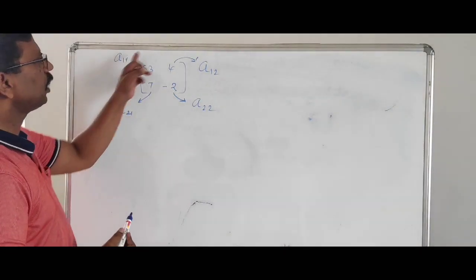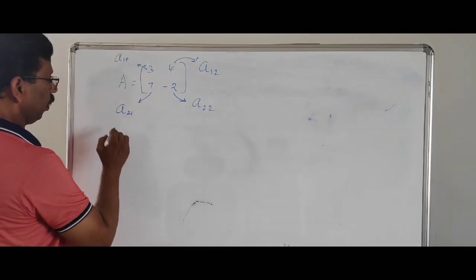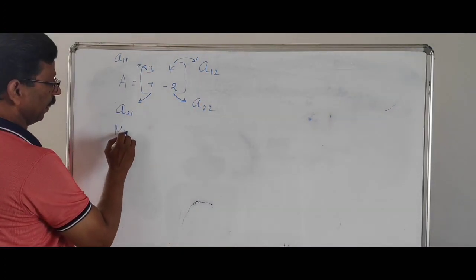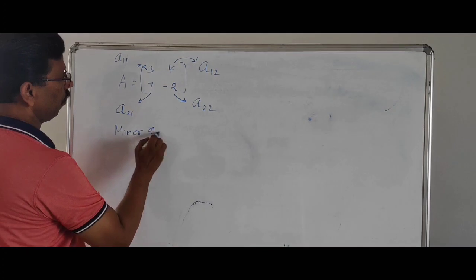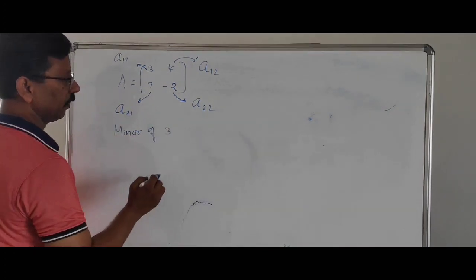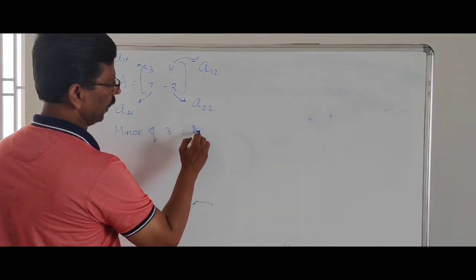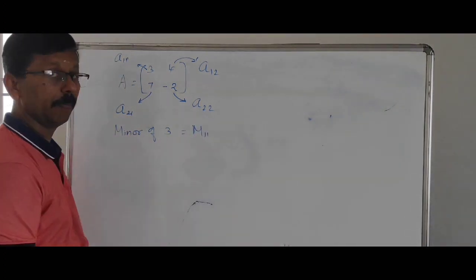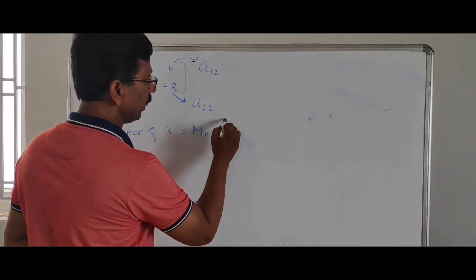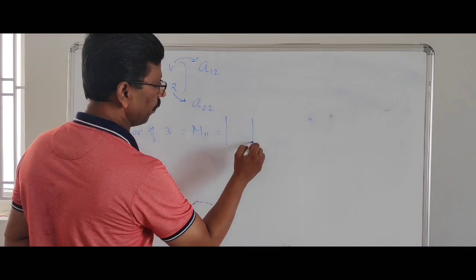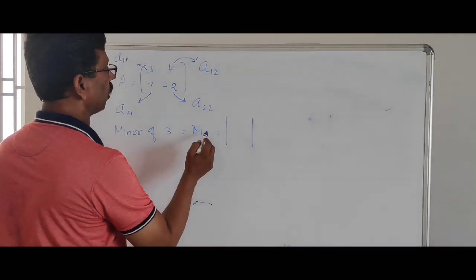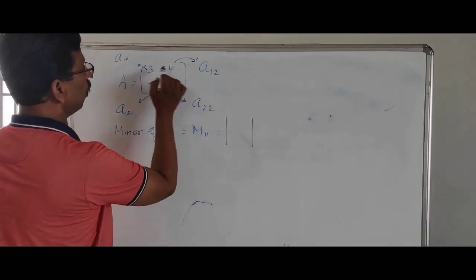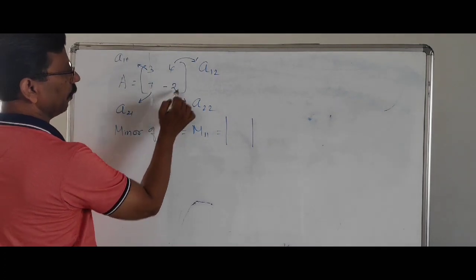Now for these 4 elements, how do you find the minor? Now let us consider the minor of the element 3, which is denoted by M11, which is a determinant obtained by deleting the first row, first column. You delete the first row and the first column, the element left is minus 2.